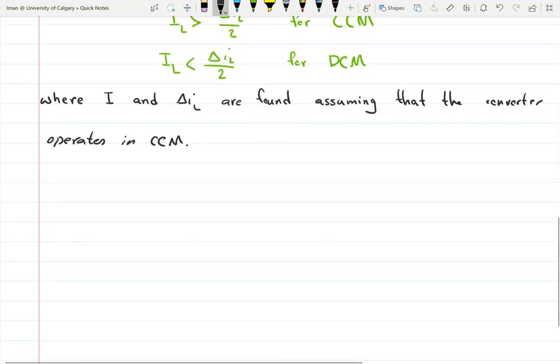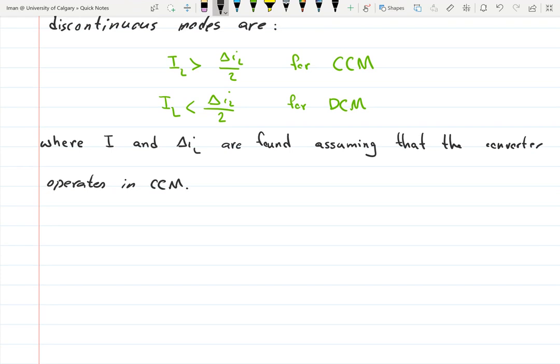So for example, let's do this for the buck converter. If you recall, the average of the inductor current in the buck converter, IL, was equal to IR. That was only in the buck converter.